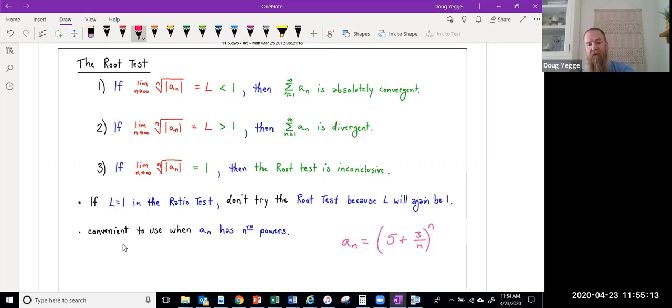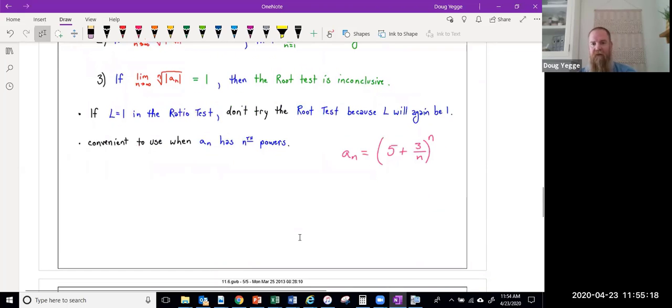But the point of this is, why don't we use the root test, because the root test just allows us to say, let's take the limit as n approaches infinity of 5 plus 3 over n to the power of n, okay?